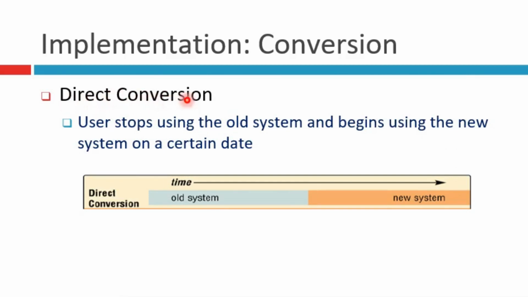Direct conversion. In this strategy, user will stop using the old system and begin using the new system on a certain date. For example, the transition from using Microsoft Word to the Open Office document.